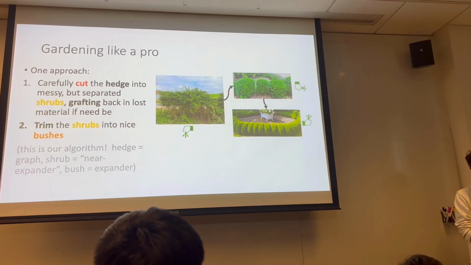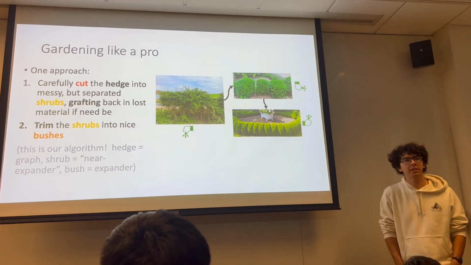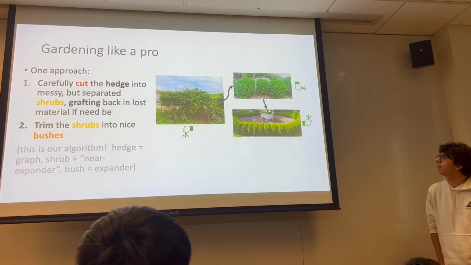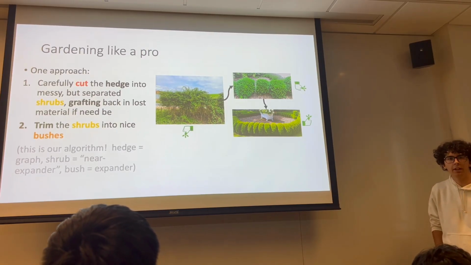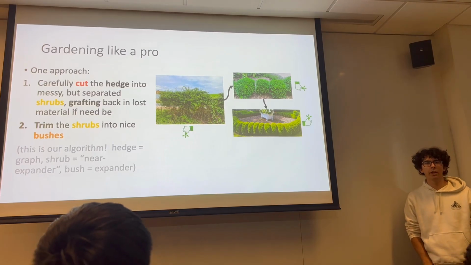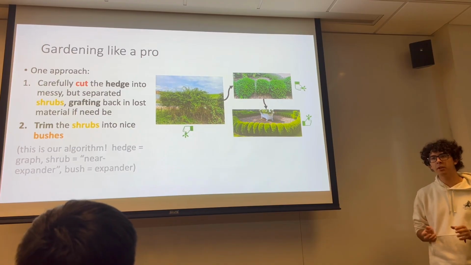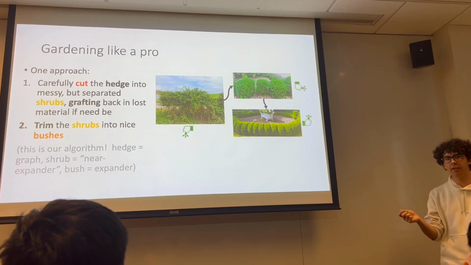So let me go back to this gardening idea. Let me suggest a potential algorithm for splitting up the hedges. So step 1, you have this messy hedge, you just want to break it into pieces. Carefully cut it up into pieces, these separated shrubs. Maybe a bunch of branches drop to the floor as you do. You graft back in these branches if need be.